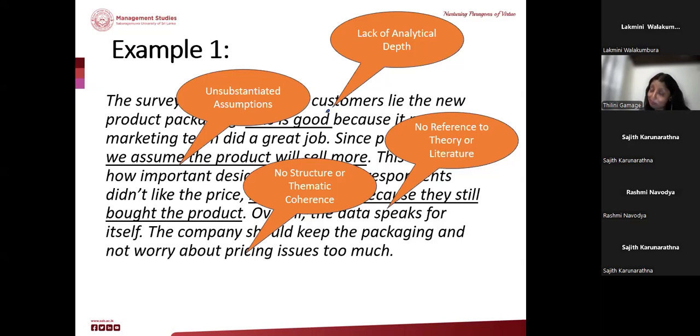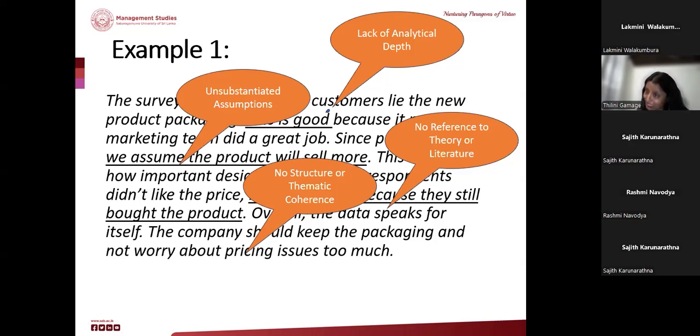Evidence-based writing is important. And again, if you look carefully at this discussion, there are unsubstantiated assumptions. These are the assumptions from the researcher himself. He says that we assume the product will sell more. Overall, the data speaks for itself. You can't bring your assumptions in when you're discussing the findings.